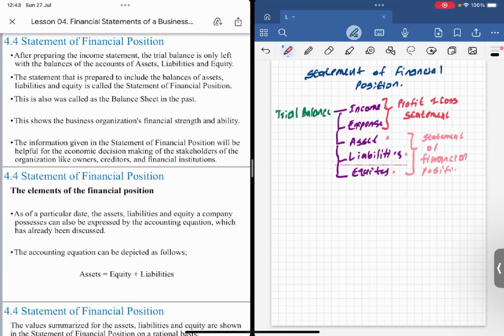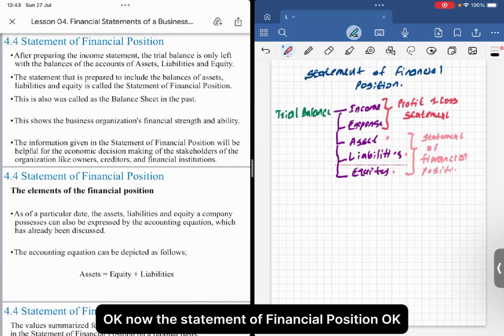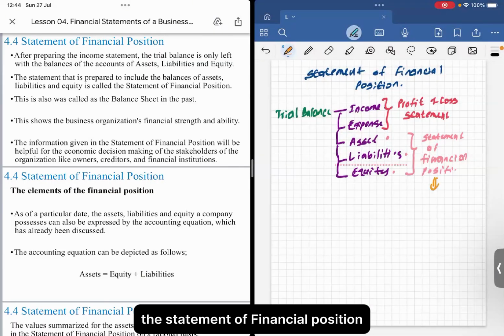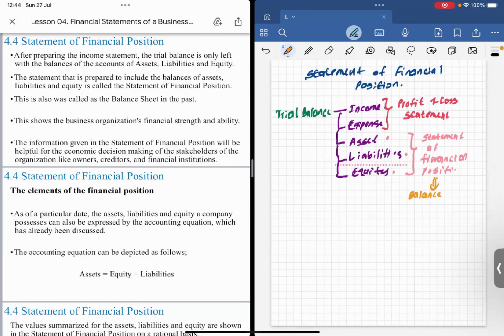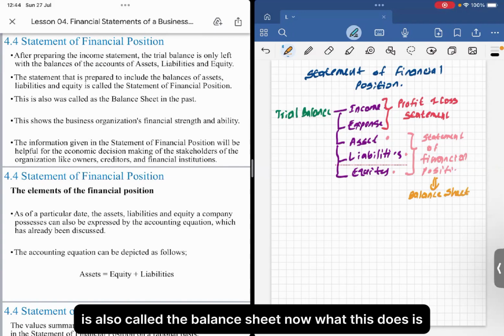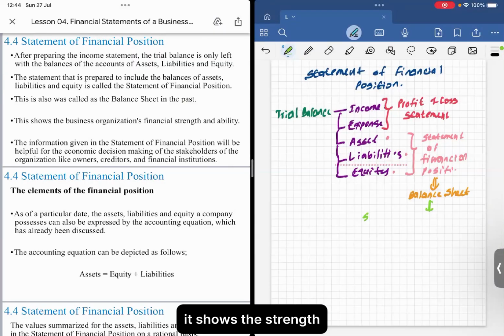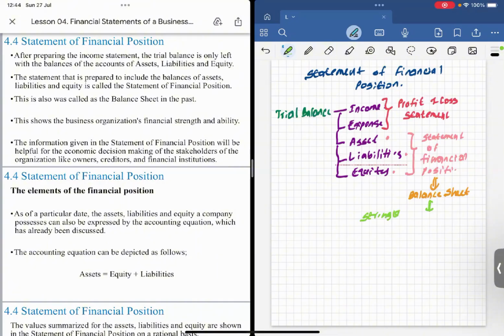Now, the statement of financial position is also called the balance sheet. What this does is show the strength and ability of the business.